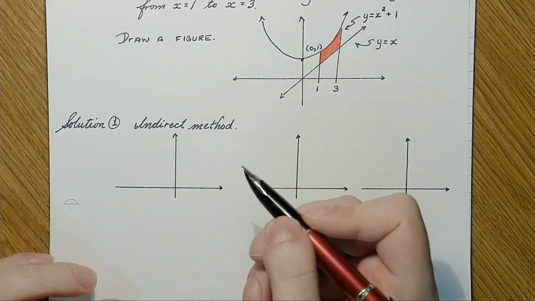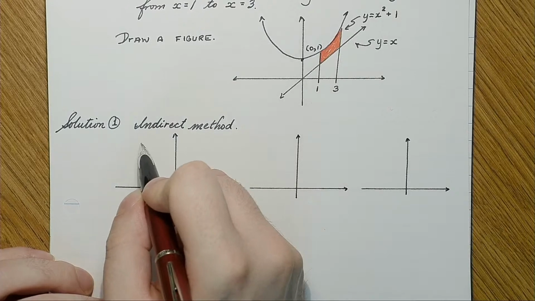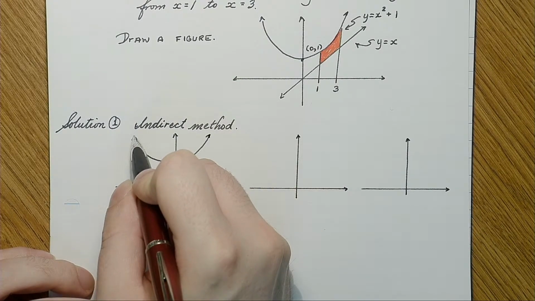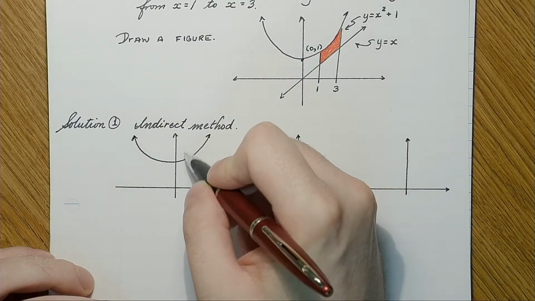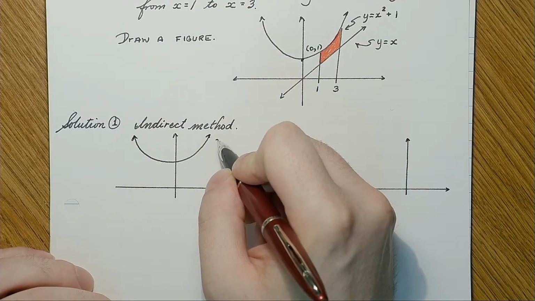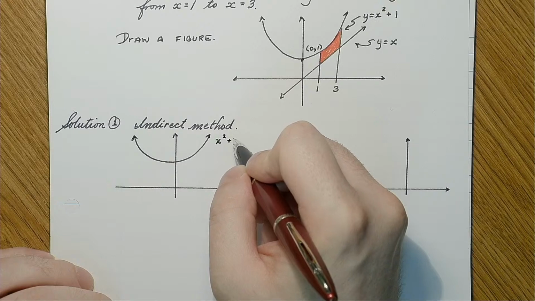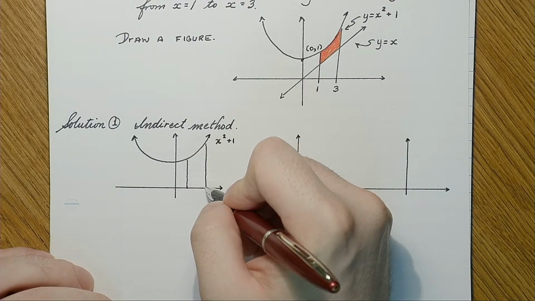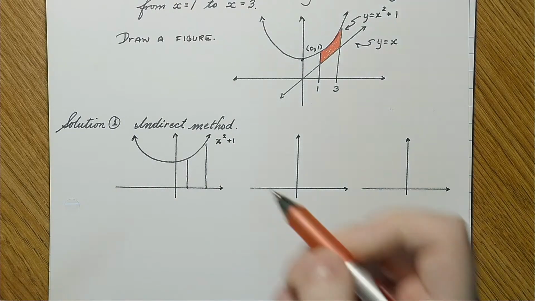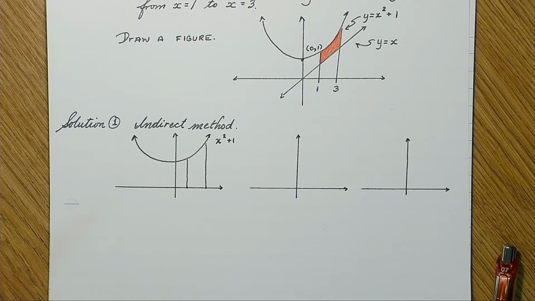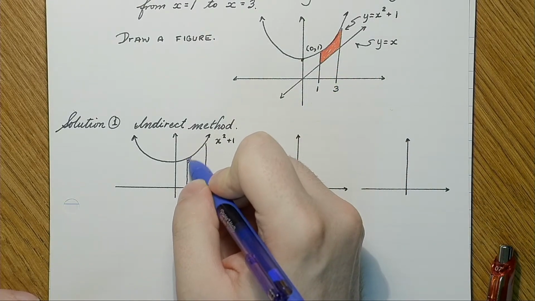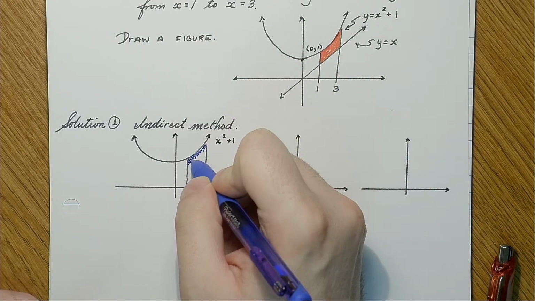For the indirect method, we're going to calculate the area under x squared plus 1 from 1 to 3. I'm going to use, say, blue. So we're going to calculate all that area in here.